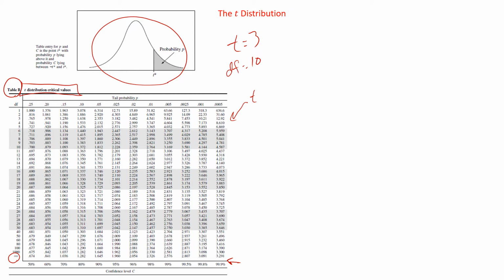We would go to the row where the degree of freedom equals 10, and we look for 3. Well, 3 happens in between those two numbers, which means the p-value is going to be in between 0.01 and 0.005, which means it'll be less than 0.05.